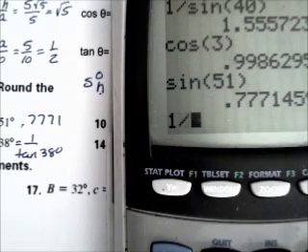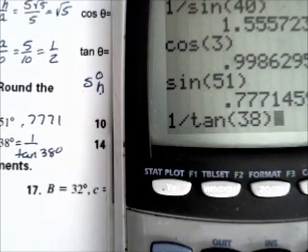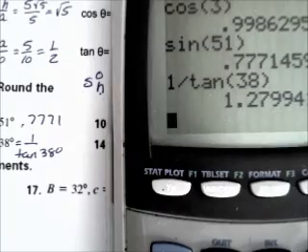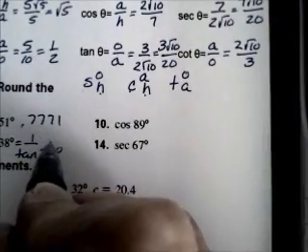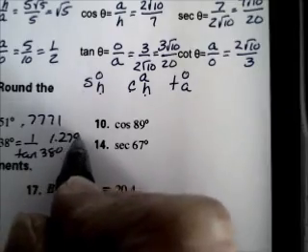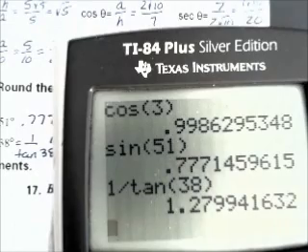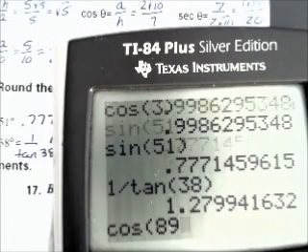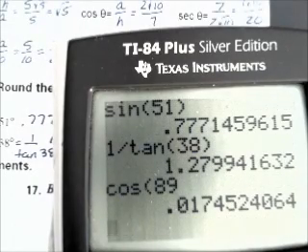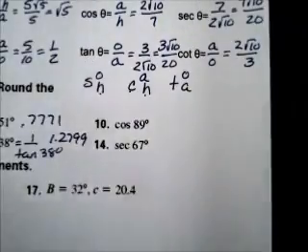So 1 divided by tan 38, 1.2799. Number 10, cosine of 89, 0.0175.